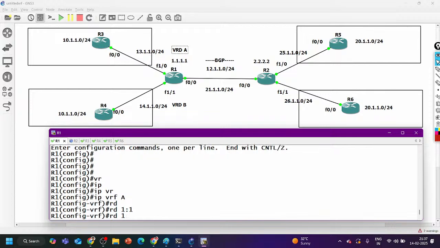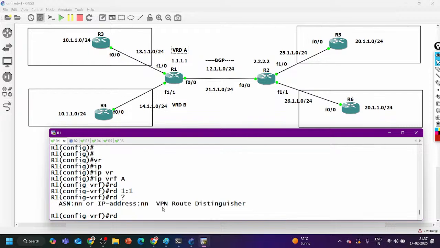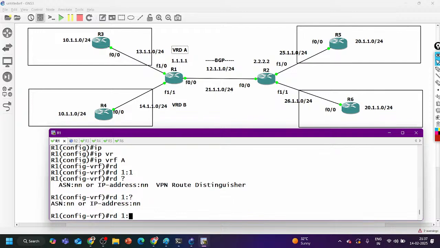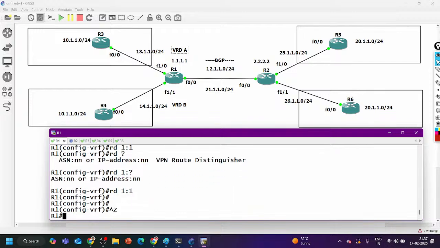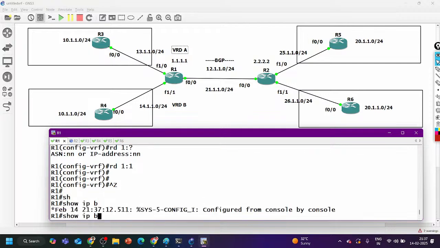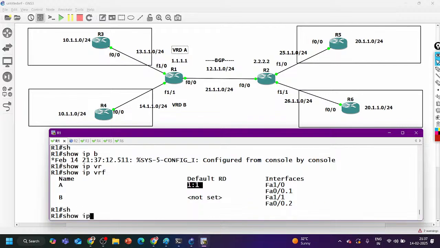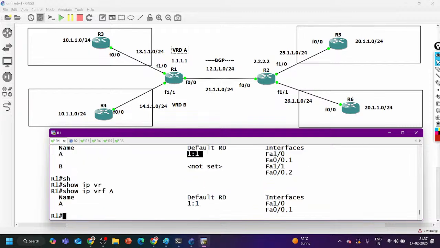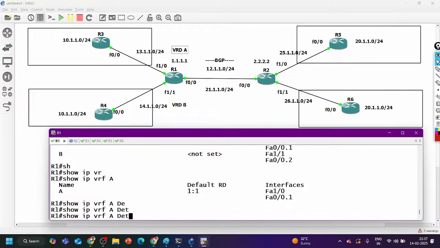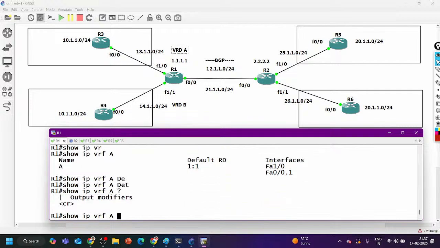You want to see the range, 4 bytes value. Okay, let's say 1:1. And show ip vrf. Now here you can see I have defined the RD value, and show ip vrf VRF A with the detail command.